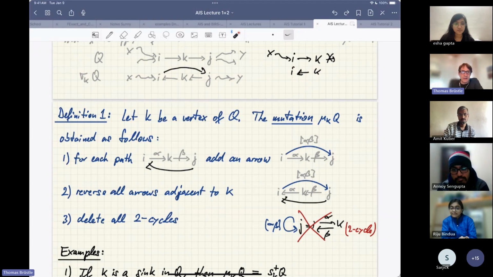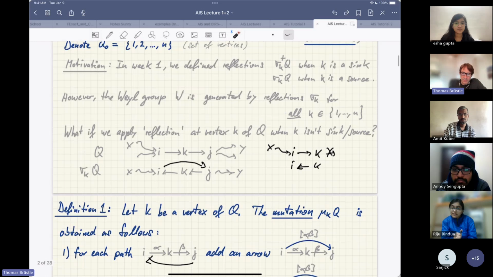Okay, good. In the classical theory, if we mutate at a sink or a source, we have the reflection functors. Is there a kind of a reflection or mutation functor for mutation at such a vertex?